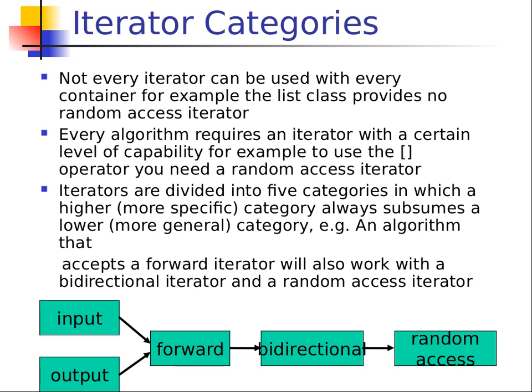Bidirectional, you can increment it or decrement it. Random access, you can increment or decrement it by any amount. So this is just by one, this is by any amount. Forward just means you can only go forward. Input and output, don't worry about those really for this course, but they have to do with how the iterator is hooked up in the back end. Is it hooked up to input or output?